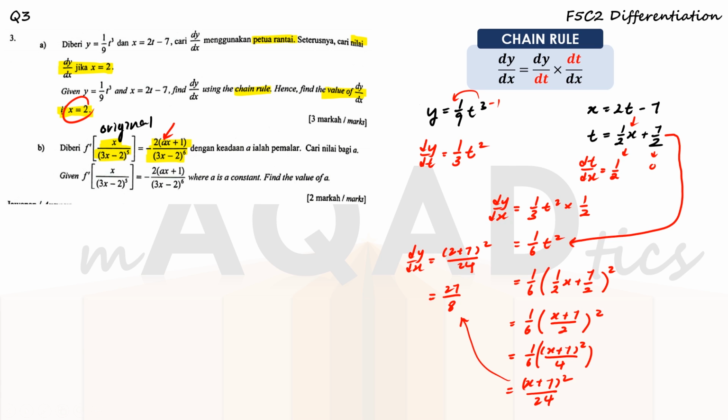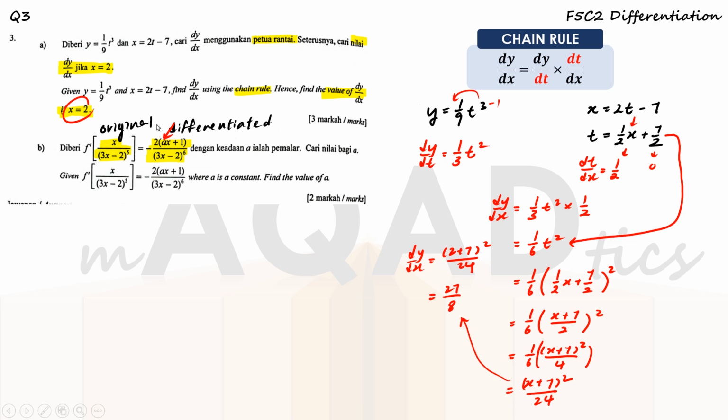The reason is, if you see on the outside, there's this f prime. f prime means differentiated. But if we have a function outside which is differentiated, this means this has not been differentiated yet. It's about to be differentiated. So the thing on the right side is actually the result, the differentiated value.